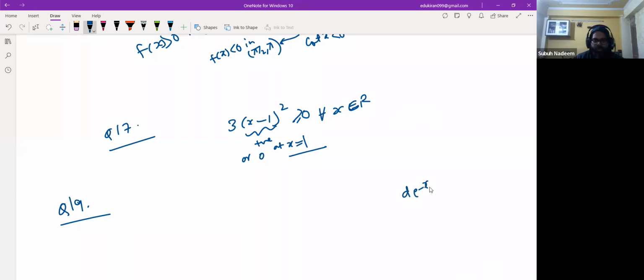Differentiation of e to the power minus x will be e to the power minus x into minus 1. That is minus e raised to the power minus x. e to the power x is e to the power x. Further minus x will be minus 1.